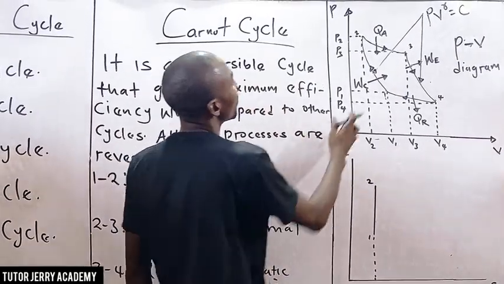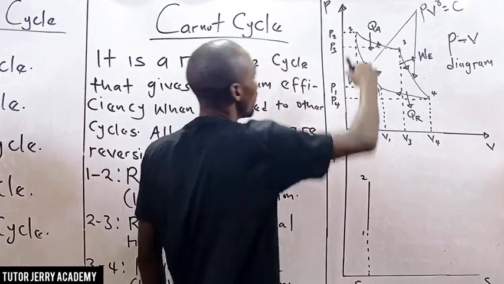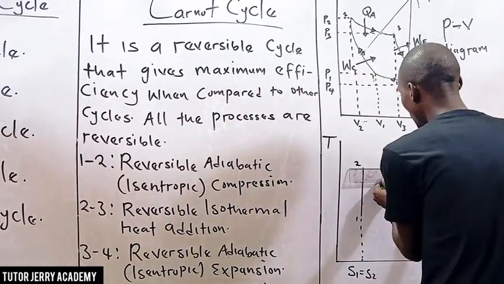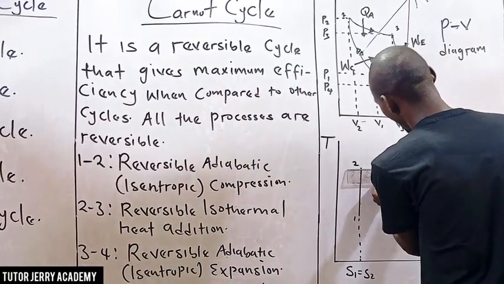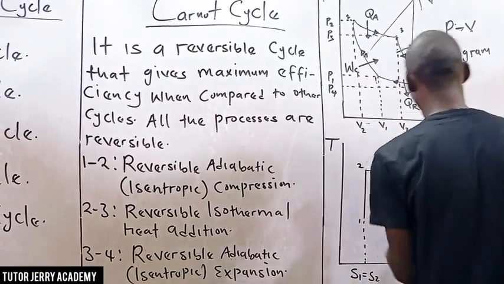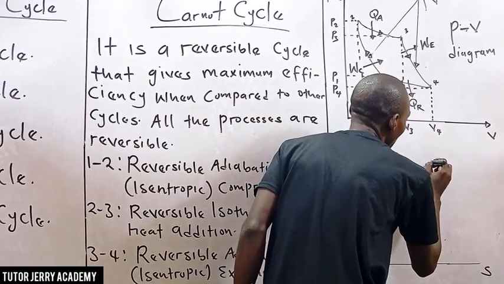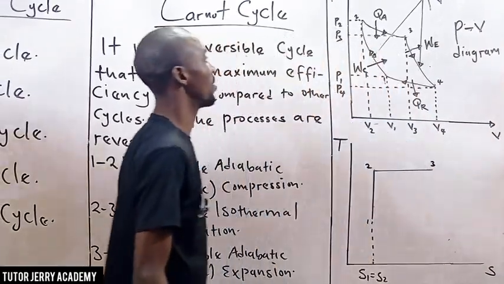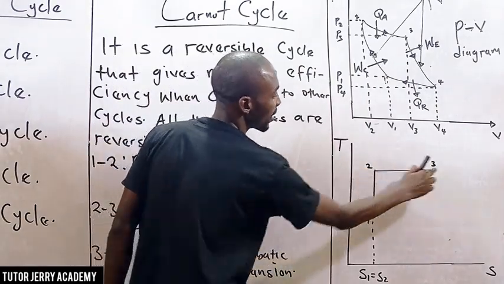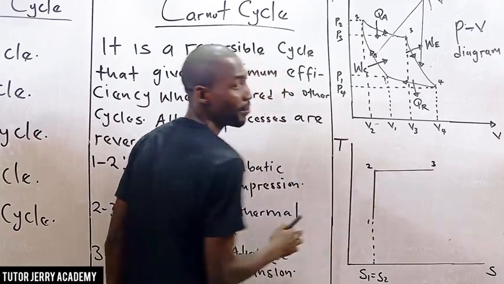All right, so for process 2 to 3 now, 2 to 3 is also a curve, so it's going to be a straight line. All right, so this is 3, going to be a straight line. So now you can see it's a straight line, so we are having a constant what? We are having a constant temperature here.